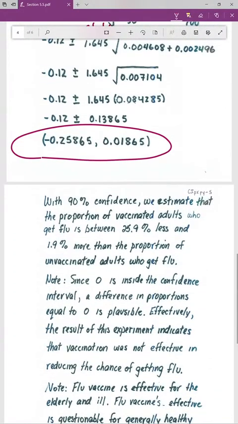And to put this into a proper interpretation, we will say that with 90% confidence, we estimate that the proportion of vaccinated adults who get the flu is between 25.9% less and 1.9% more than the proportion of unvaccinated adults who get the flu. Remember that less is because we have a negative value, and the more because our second value is positive.